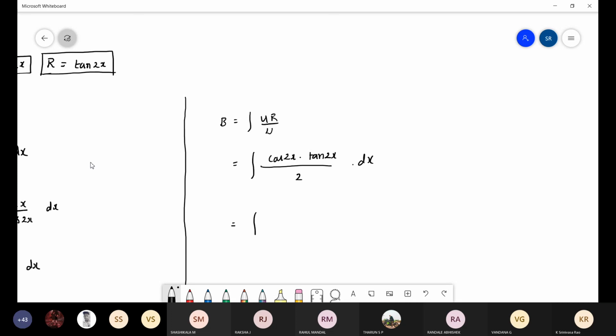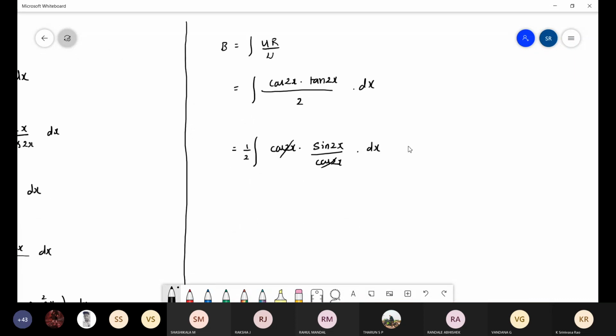So that becomes integral of 1 by 2, I will take outside, cos 2x into tan 2x, which can be written as sin 2x divided by cos 2x, into dx. And here cos 2x and cos 2x you can cancel, and what you will get is 1 by 2 into integral of sin 2x dx.